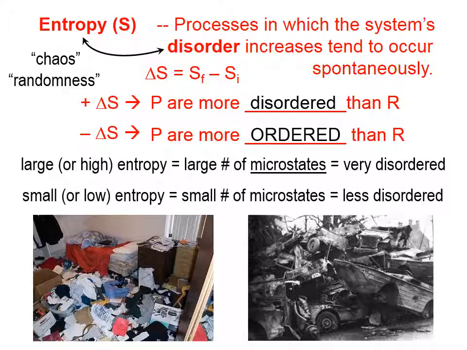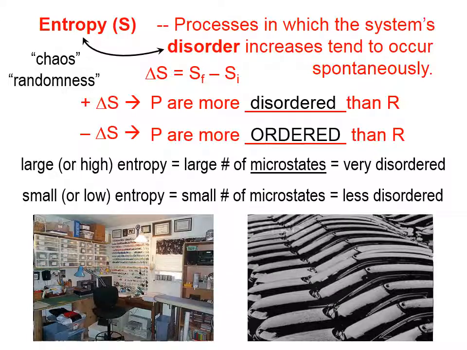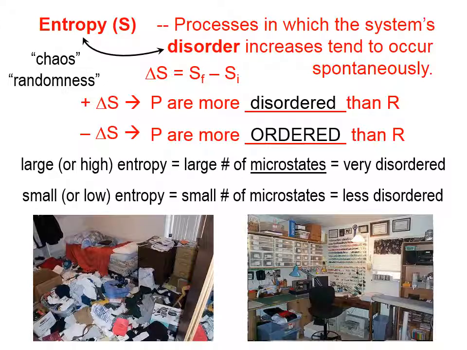Small entropy, or low entropy, is less disordered. And if we look at these pictures, we can see there is less chaos, there is less randomness. And now we can compare one room which has high entropy and another room which has low entropy. So, entropy is the amount of disorder, the amount of randomness, of chaos.